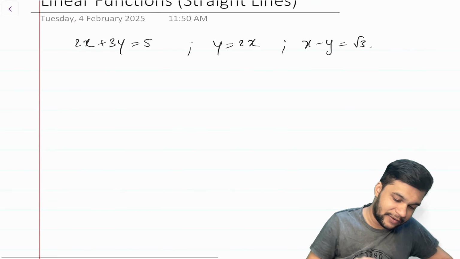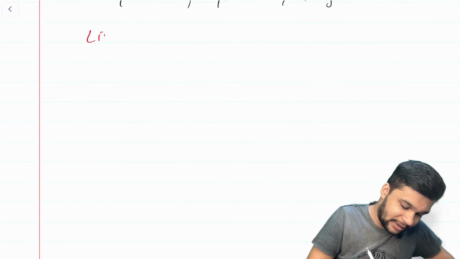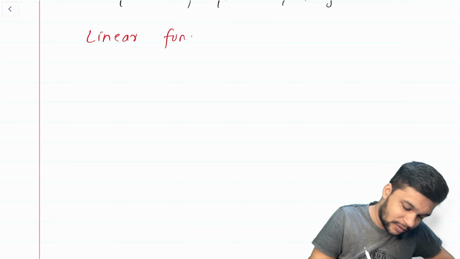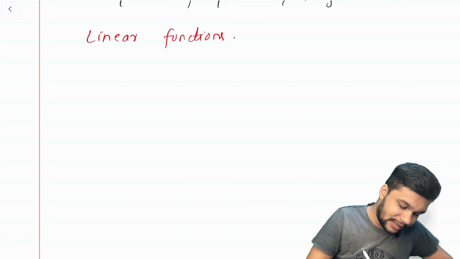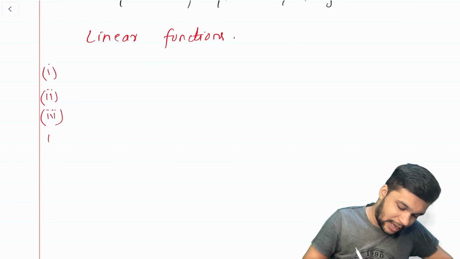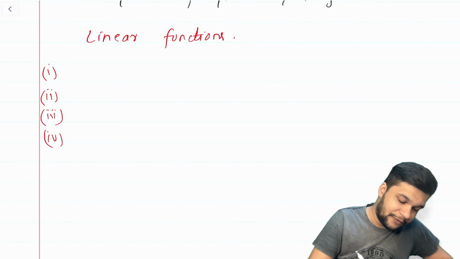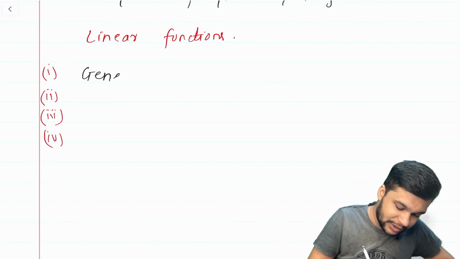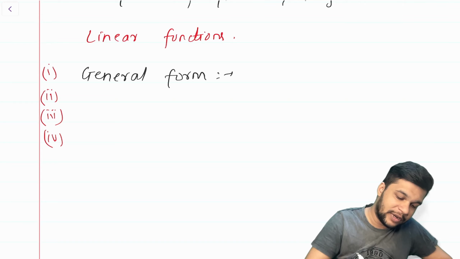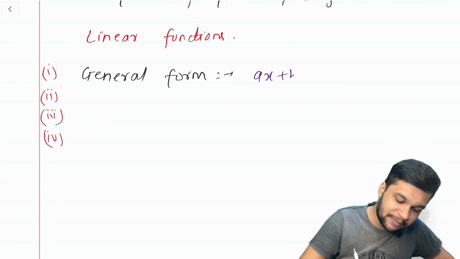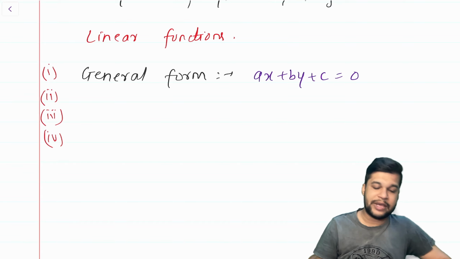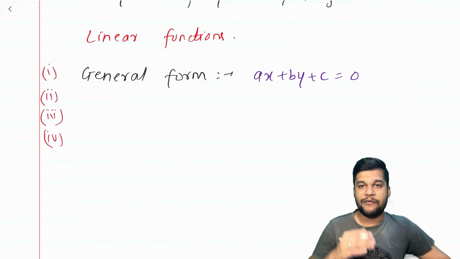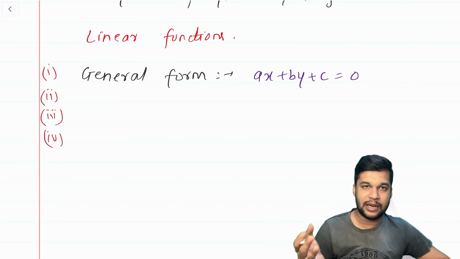So we have linear functions, and there are four ways. The first is the general form. What is the general form of a linear function? It is ax plus by plus c equal to 0, where a, b, c are constants, of course. A, b, c are real numbers.